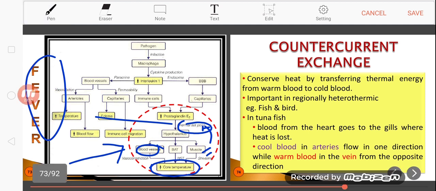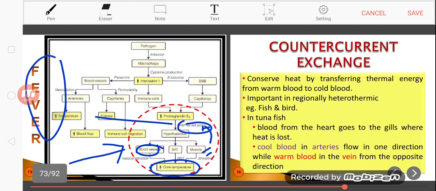Under thermoregulation, we also relate countercurrent exchange. Countercurrent exchange conserves heat by transferring thermal energy from warm blood to cold blood. It is important in regional heterotherms like fish and birds. In tuna fish, blood from the heart goes to the gills where heat is lost.